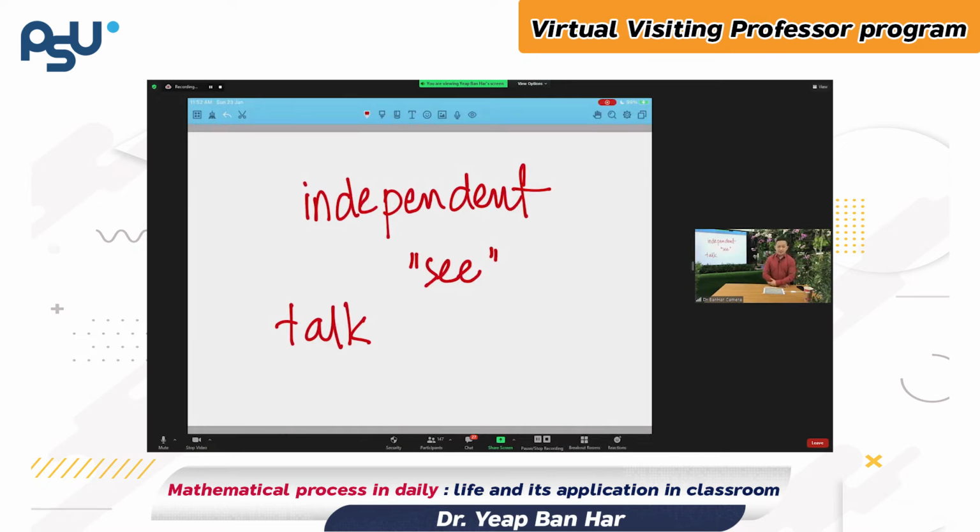One important point about classroom application from this morning's session is to make sure our routine will make students become independent. And I'm glad to hear during the break, the students talk about the open approach.